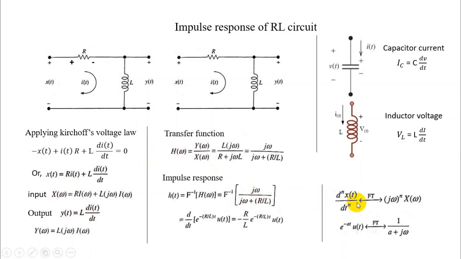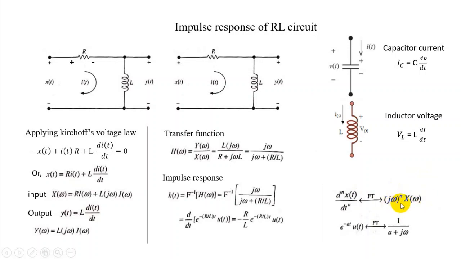Basically, from the property we have used in a problem like that, when j omega is multiplied with X(omega), where X(omega) is the Fourier transform of x(t), then we can perform the inverse Fourier transform like that. In the Fourier transform of that part, we just need to multiply by j omega.